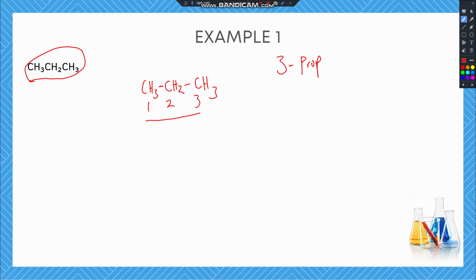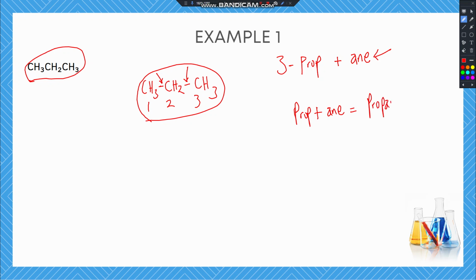Next, we need to identify if there is any functional group. There is no functional group, okay? But we can see that there are only single bonds present throughout the structure. That tells us that it is an alkane, and alkanes have the suffix ane. So altogether, we have prop plus ane. That gives us propane as the name of this compound.